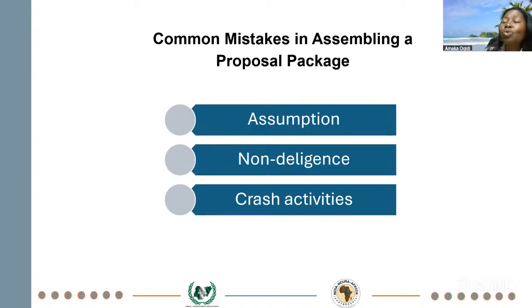You will find out that with all the efforts, months of effort by your investigator trying to put it together, your own weeks of effort trying to assemble it, if you don't start early, if you allow it to be a crash activity, you will waste all that time and all that effort.